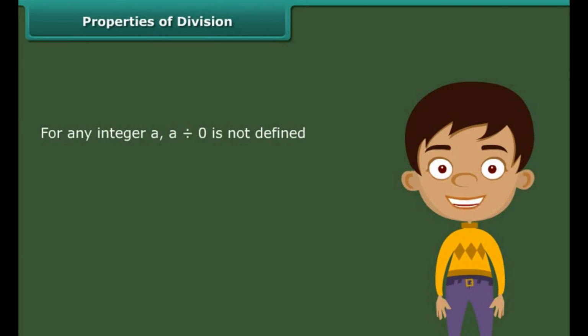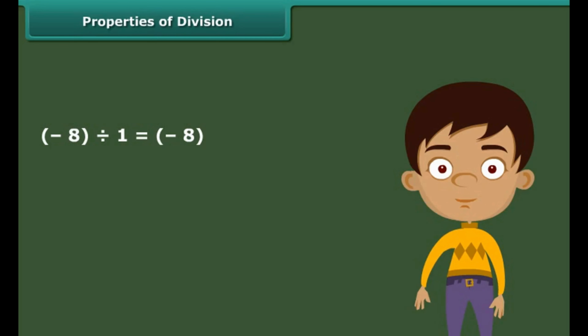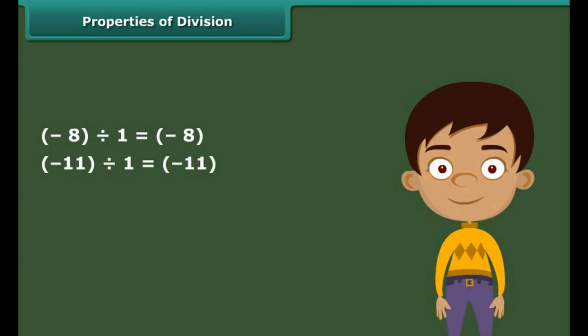Any integer divided by 0 is meaningless, and 0 divided by an integer other than 0 is equal to 0. Any integer divided by 1 gives the same integer. For example, (−8) ÷ 1 is equal to −8. (−11) ÷ 1 is equal to −11.